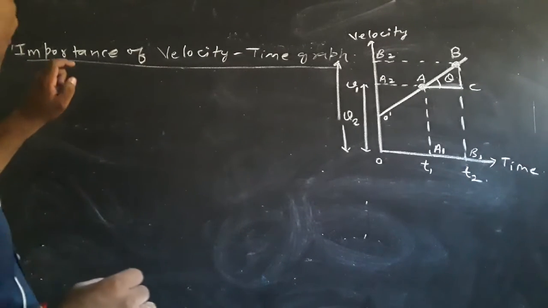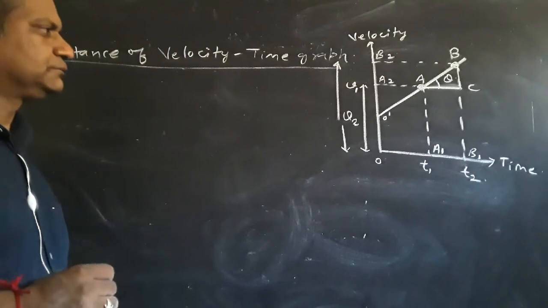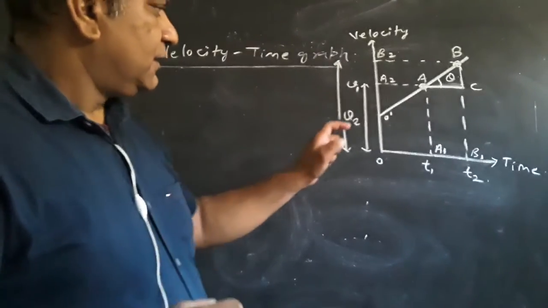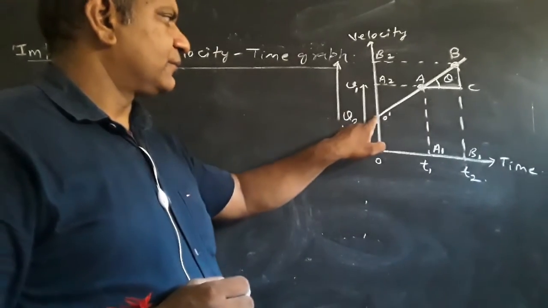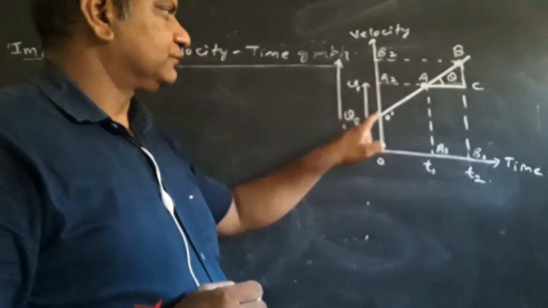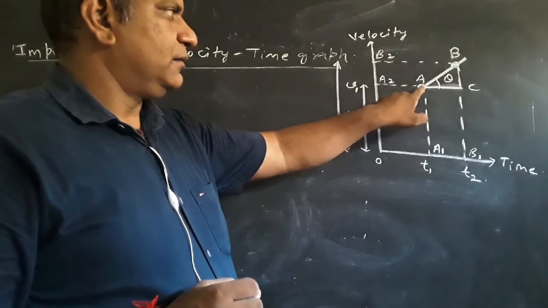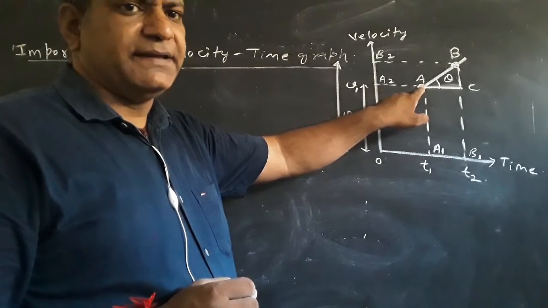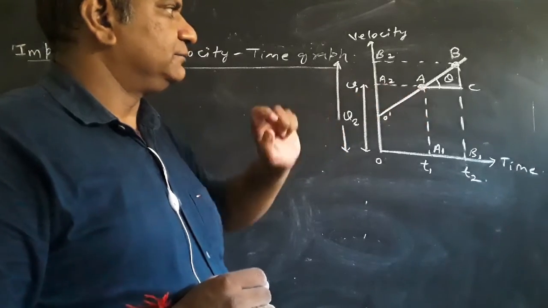The next topic is the importance of the velocity time graph. Let the object be moving with some initial velocity, denoted by O dash. After time t1, the position of the object is A, and at point A the velocity of the object is v1.